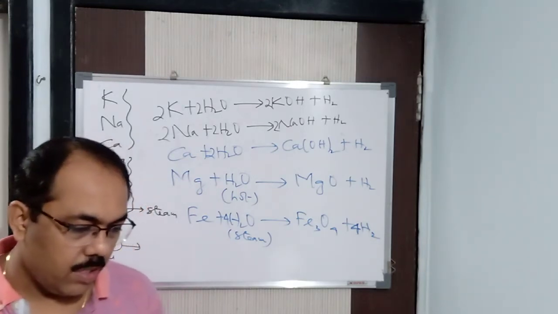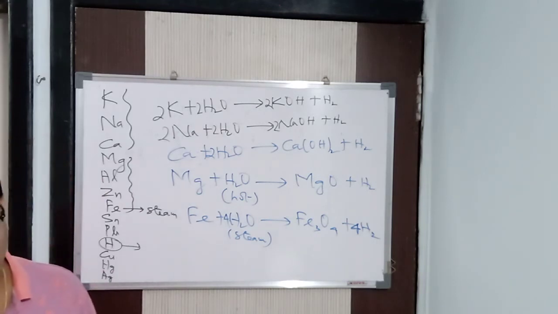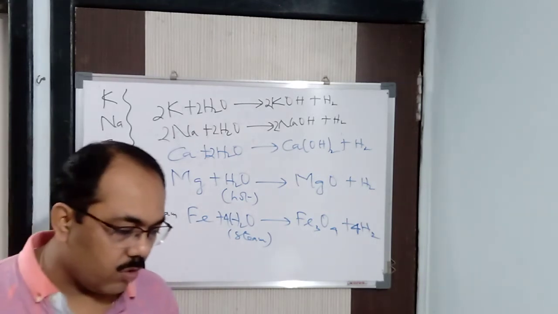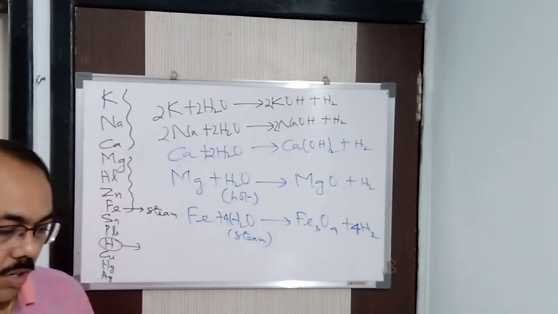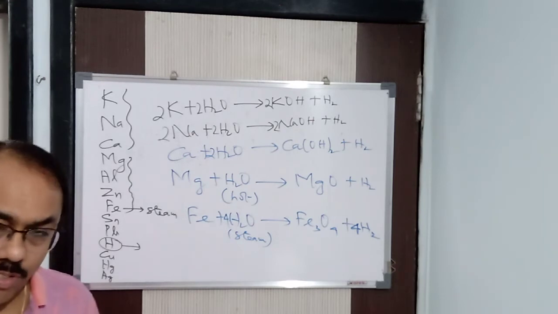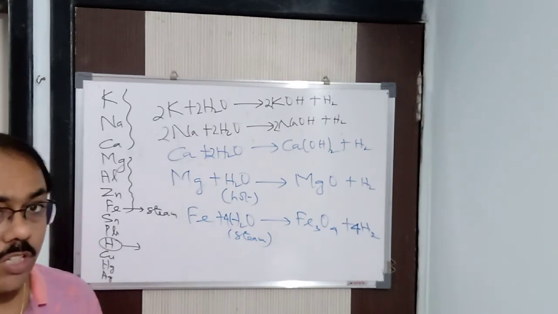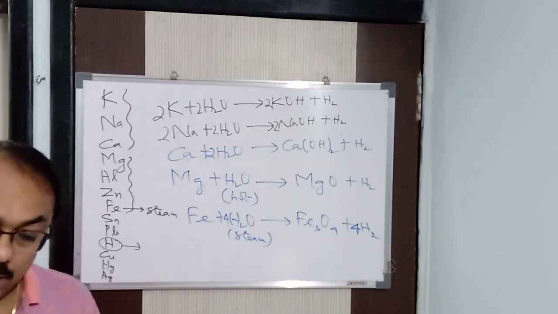The reaction is almost irreversible and proceeds from left to right, because hydrogen is continuously blown out in contact with iron by the current of steam. If you want to make the reaction irreversible, what you need to do is continuously remove the hydrogen, with the help of steam.